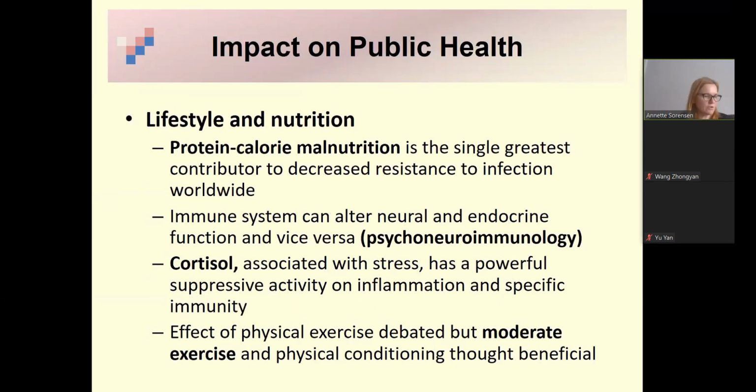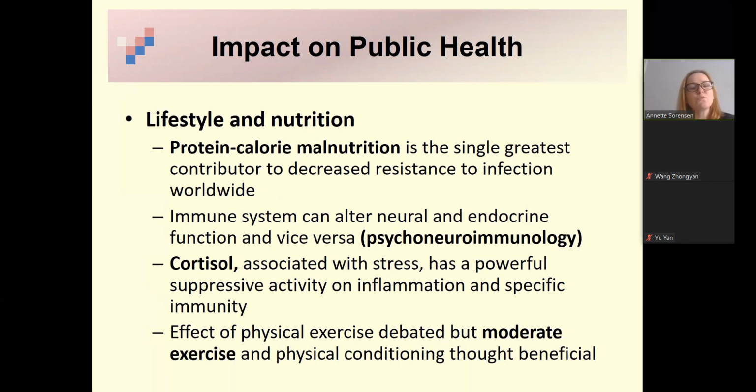Okay, so we are going to finish off the lecture talking a little bit about what role the immune system plays in a couple of different diseases. One of the biggest factors that can affect the immune system is lifestyle and nutrition.